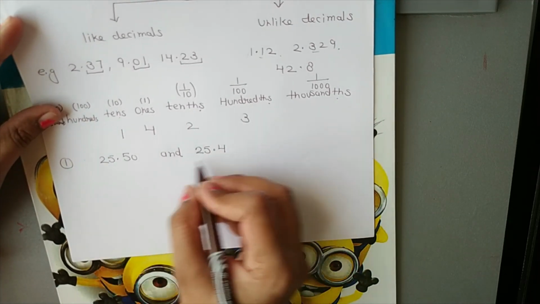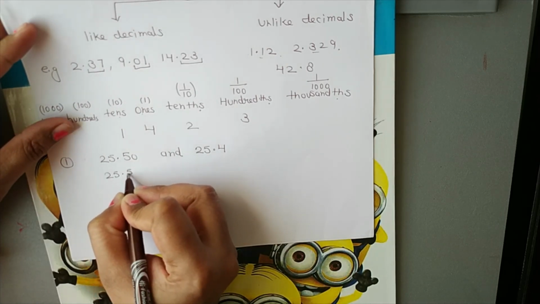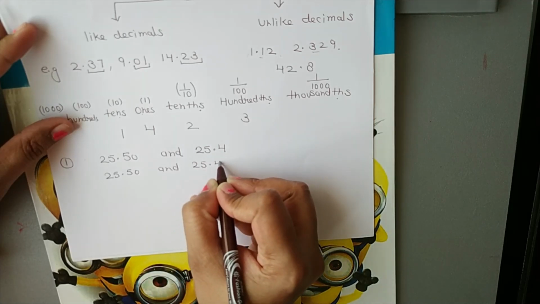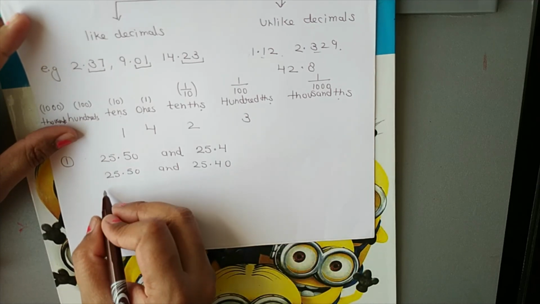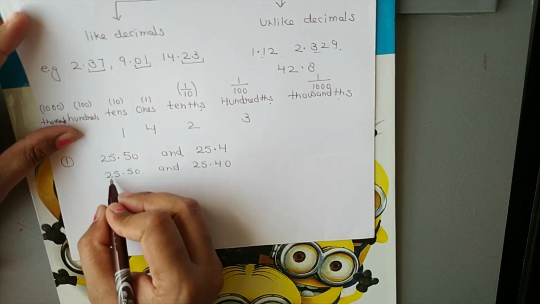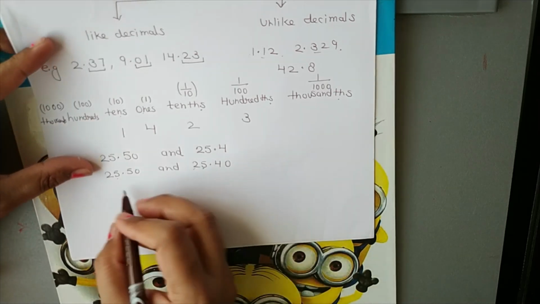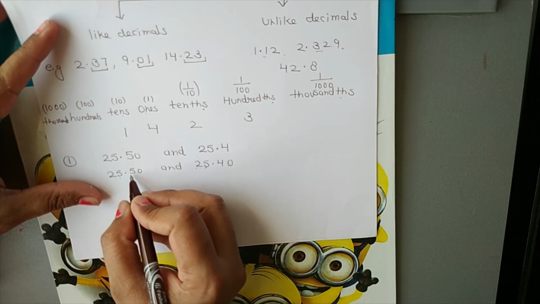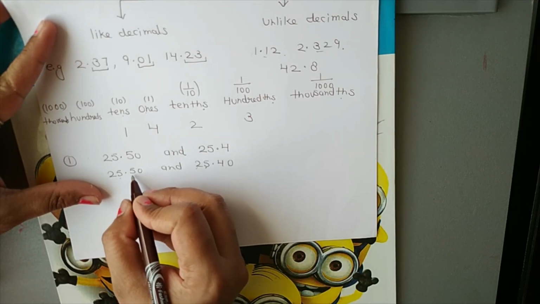First we have to make them like decimals: 25.50 and 25.40. So these are like decimals. Then we compare the whole part first. Here 25, here also 25. If the whole parts are equal, we move on to the decimal part. In the decimal part, first we compare the tenths digit.